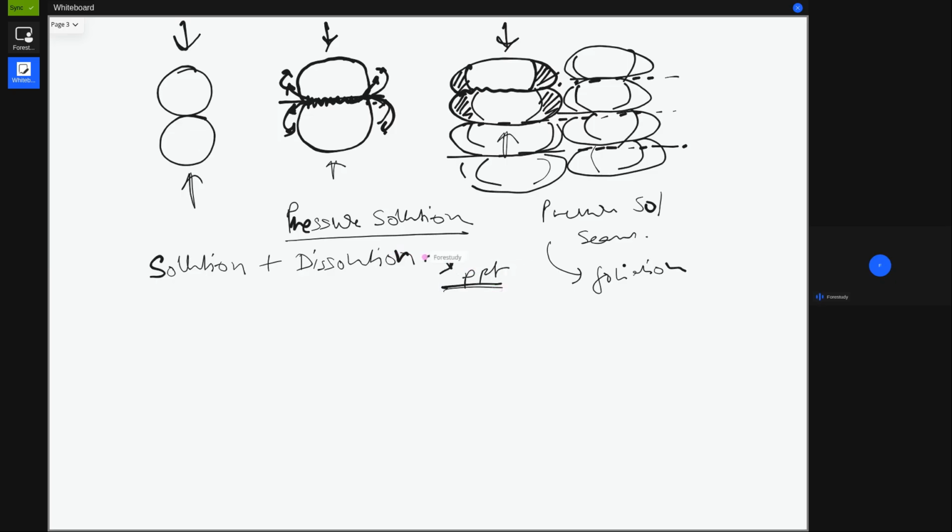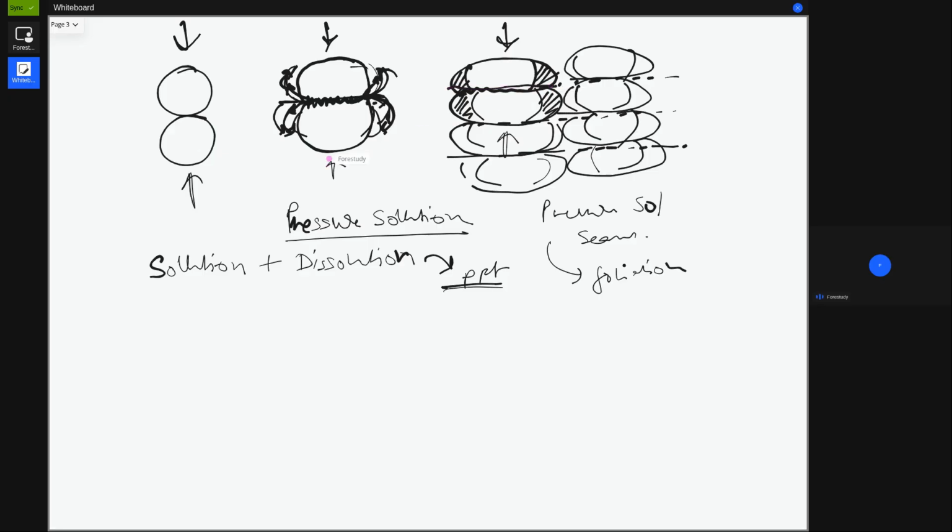So from here we'll have solution, where elements will be disintegrated and will mix with the liquid or H2O. Then this will again be reprecipitated here on the adjacent side, or maybe of different minerals on the adjacent side, and then it will form these elongated minerals that will be preferred in one direction.